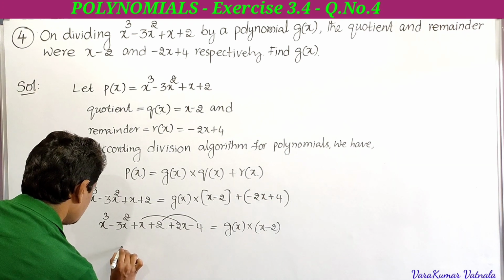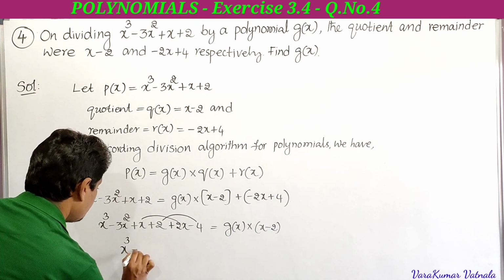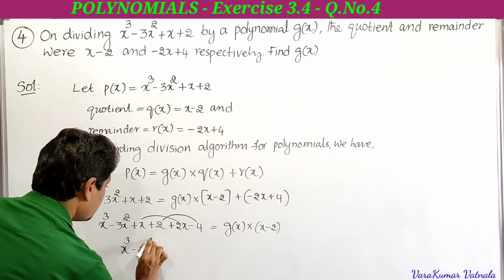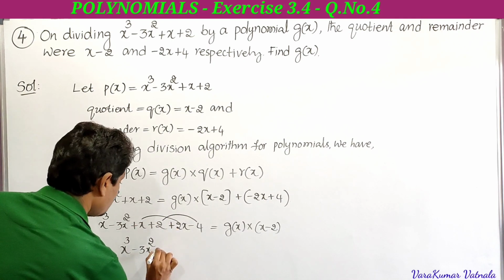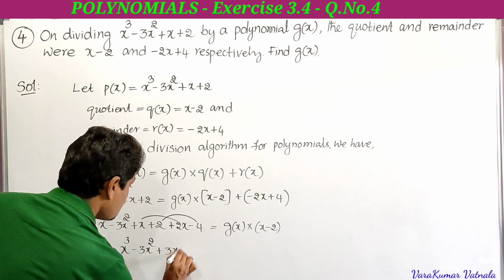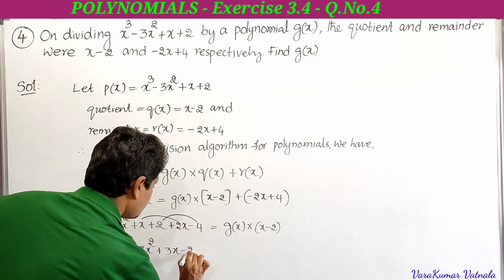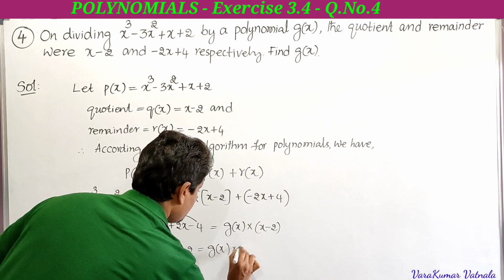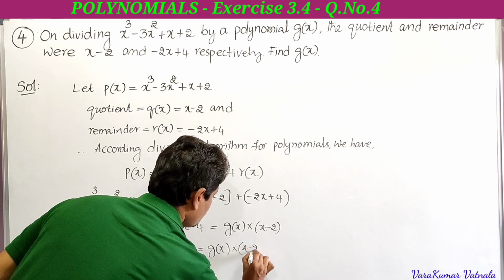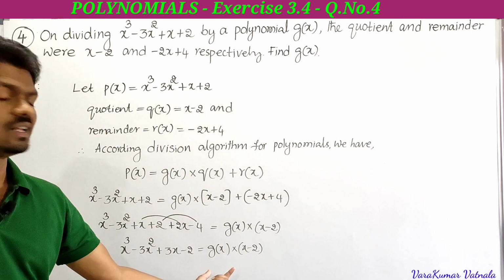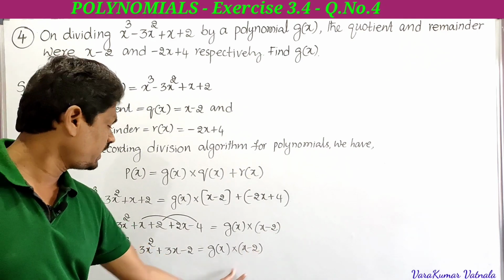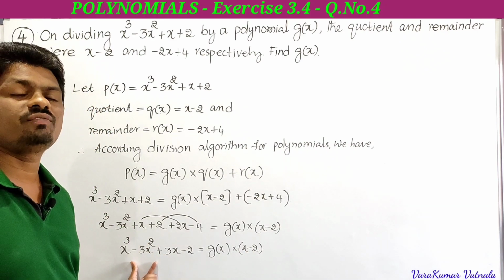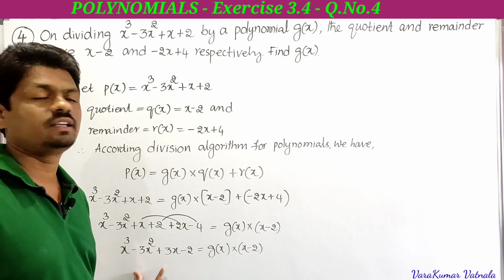What we get, see here, x cube minus 3x square plus x plus 2x, we get plus 3x, plus 2 minus 4, we get minus 2, is equal to g of x into x minus 2. Now we have to find g of x. For that, take x minus 2 to the left side. Here it is multiplying, so it divides.